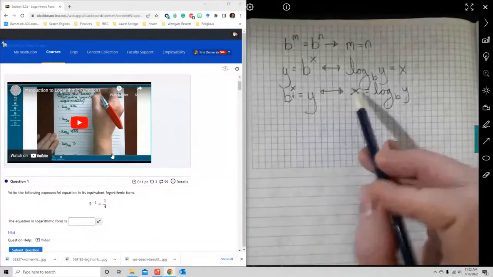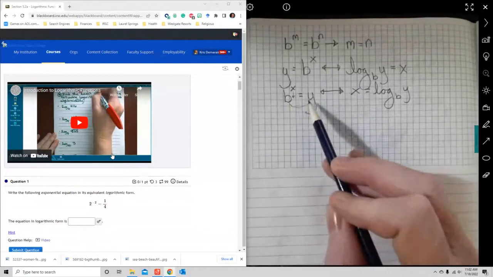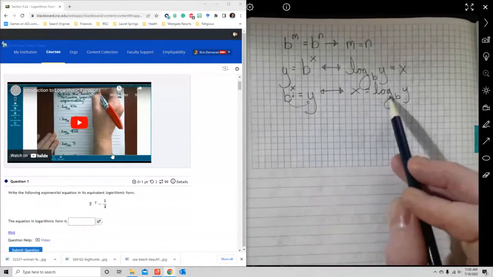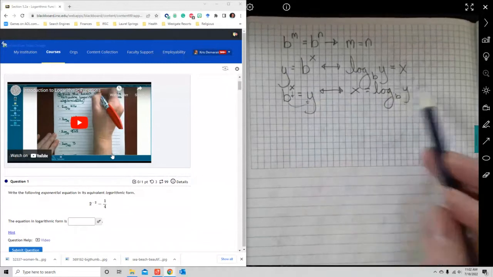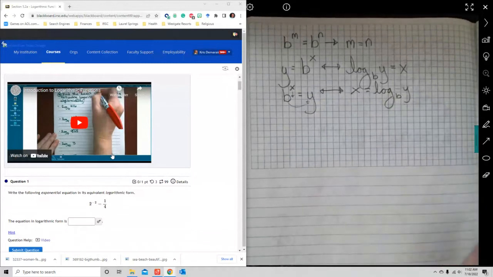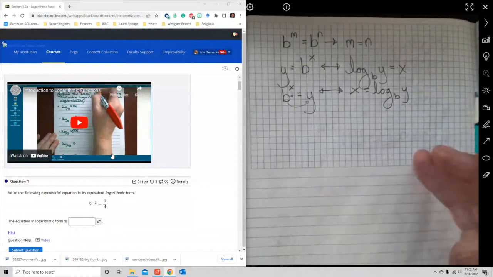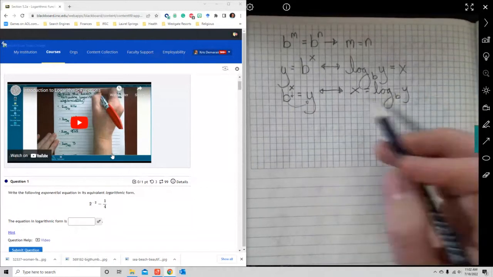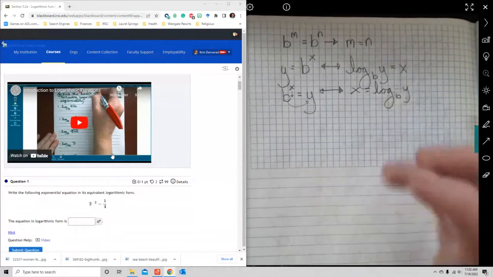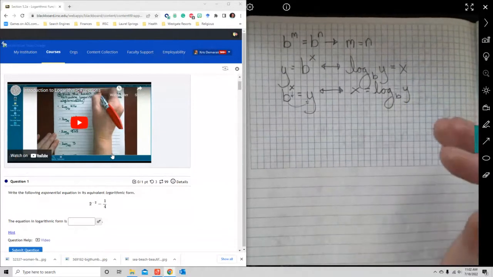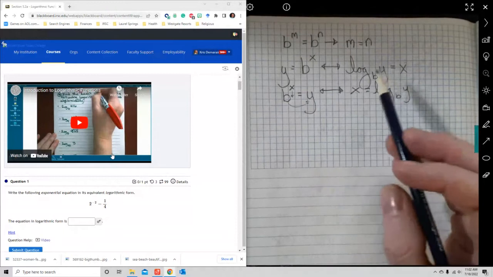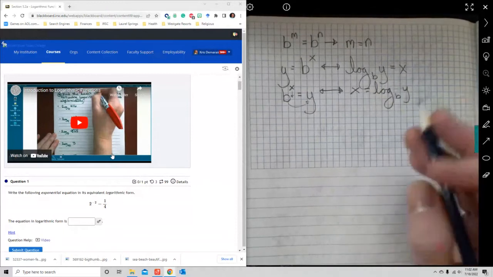You drop the x down and you bring the b over and put it as the base of the log, and you slide over the y and it becomes this value. Now, in terms of remembering that they're inverses, we would just switch the x and the y. That's why they're inverses of each other.